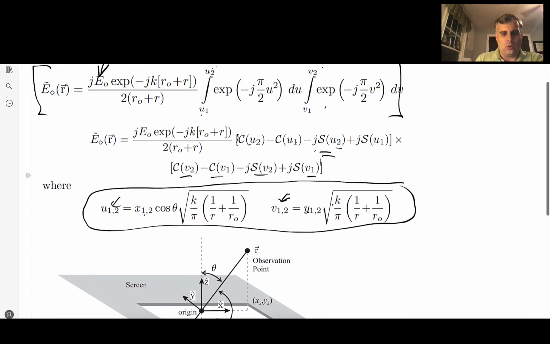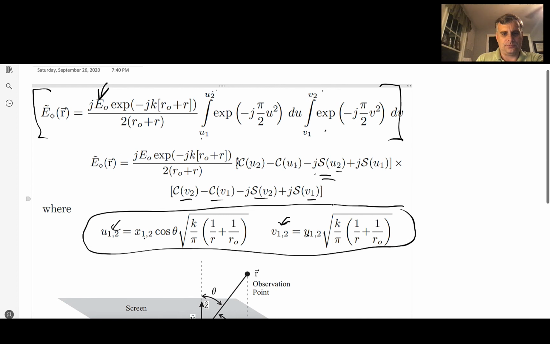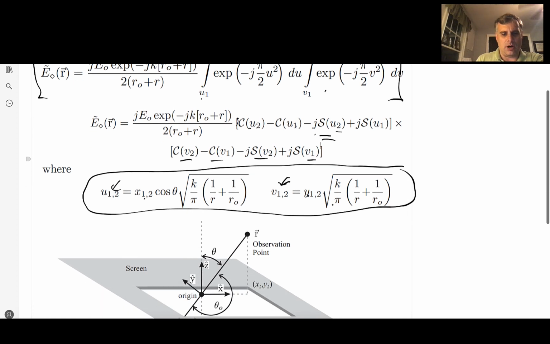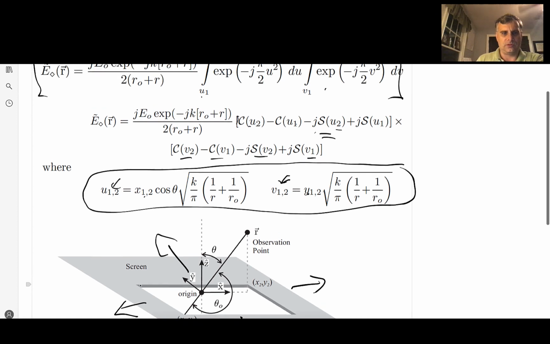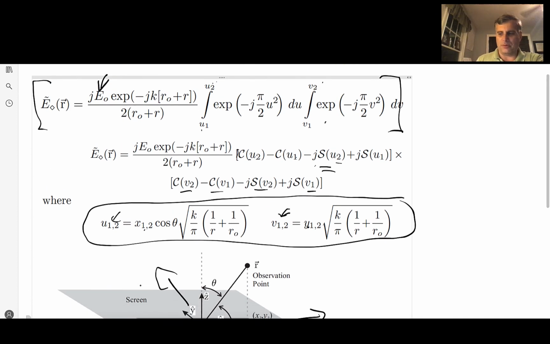It was interesting to know what happens if we let all the limits go to infinity. We stretch the rectangle in every possible direction so that it becomes extremely large. Well, look what happens in this formulation. First of all, I notice that the bottom denominator term is 2r0 plus r, so basically the total distance.